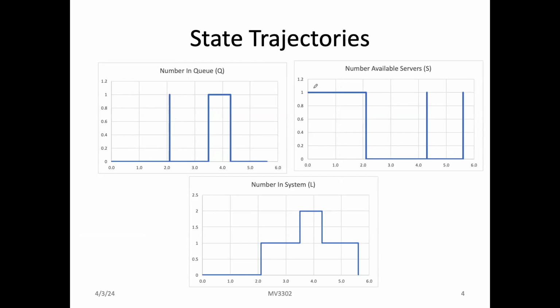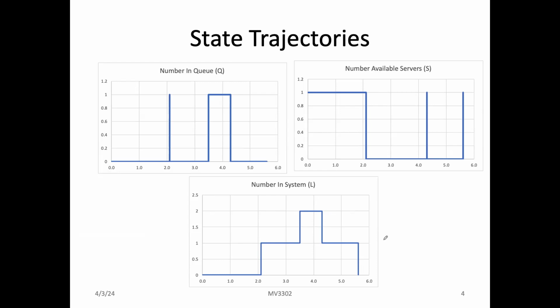Whereas the number of available servers started at 1, dipped down to 0, and then popped up instantaneously, and at the end it finished at a value of 1, but it didn't spend any time in that as far as we're concerned. And if we graph the number in the system, that's a little more interesting. When the first guy showed up, it popped up to 1. The second guy popped up to 2, then it went back to 1, and then down.